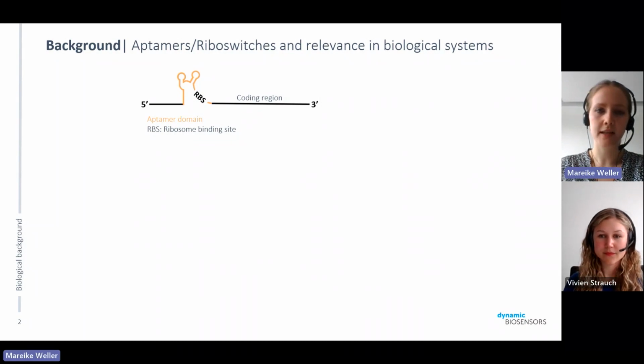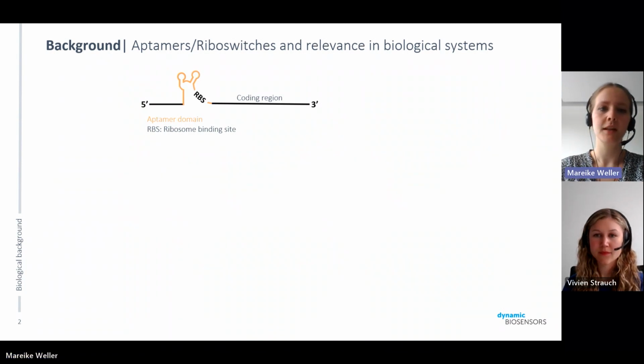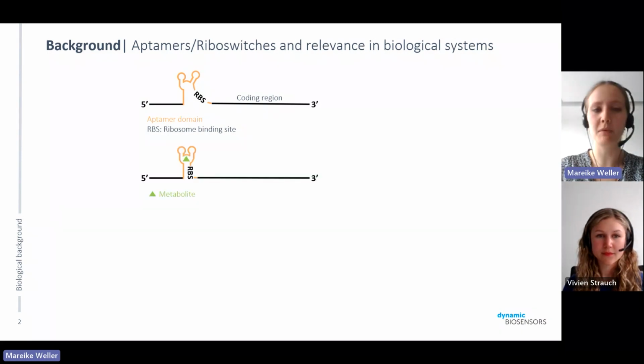Downstream to this, there's the coding region, and this is the regulatory domain, and riboswitches control transcription, translation, or also splicing of different genes. So if the aptamer domain is bound to some metabolite and underwent structural or conformational changes, for example, a ribosome binding site is not accessible anymore.